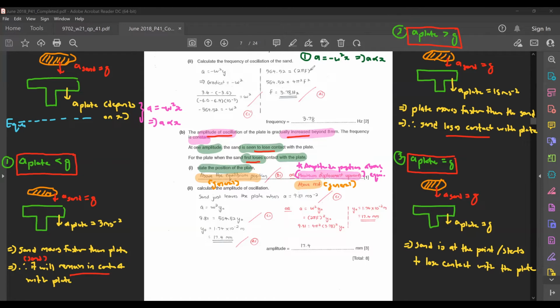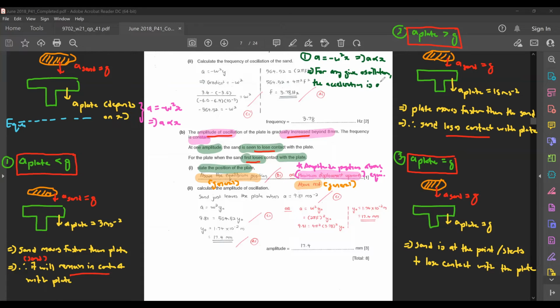This means that for any given oscillation, the acceleration is always maximum at the maximum displacement position.